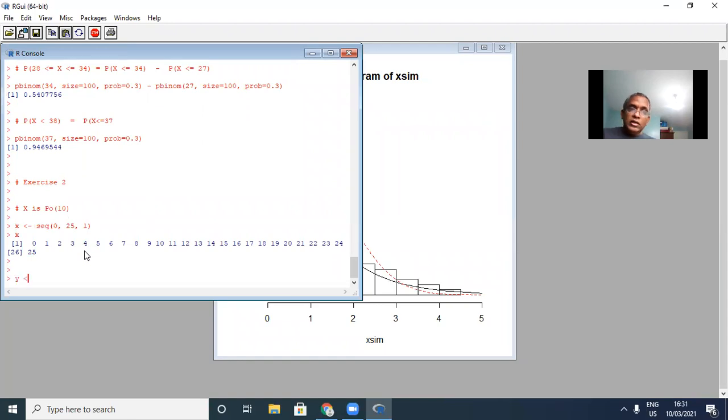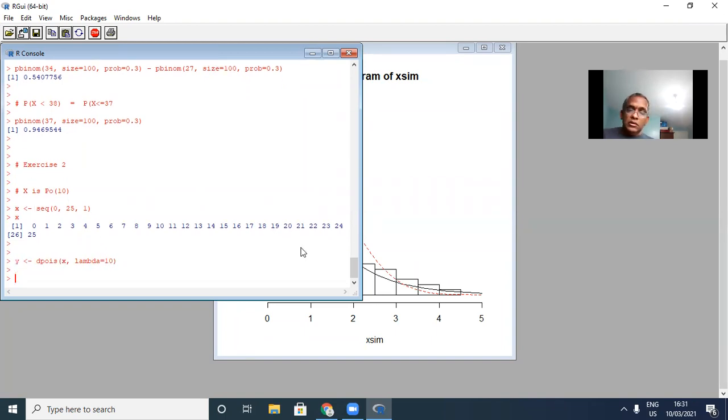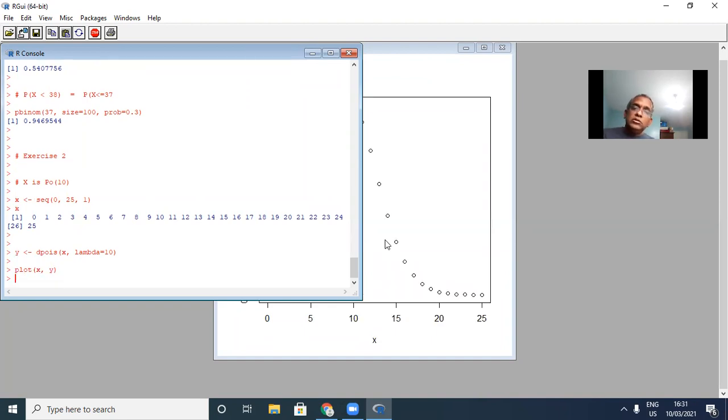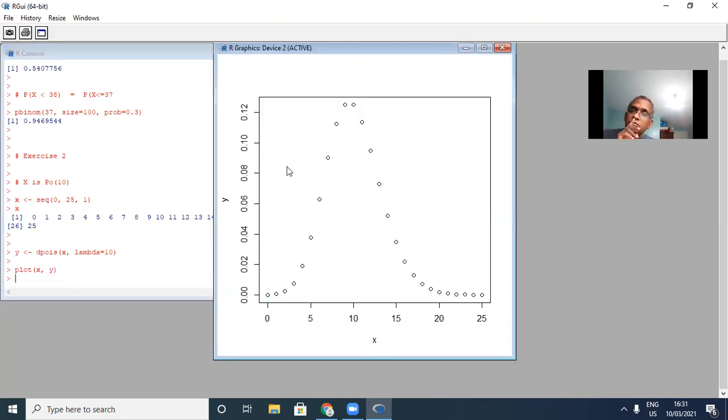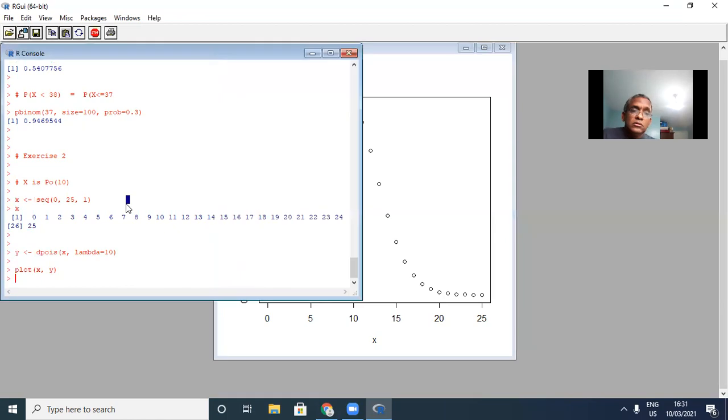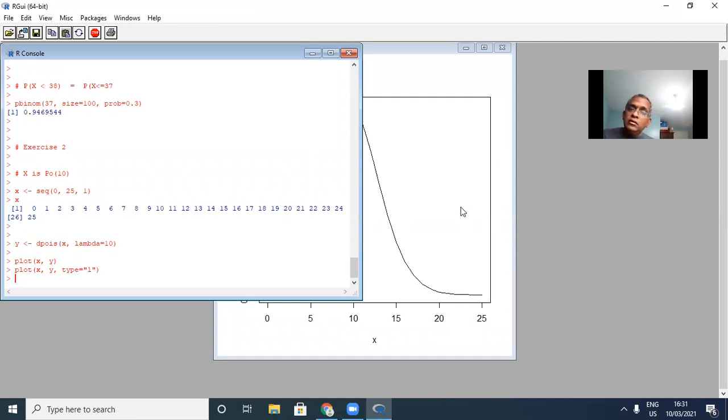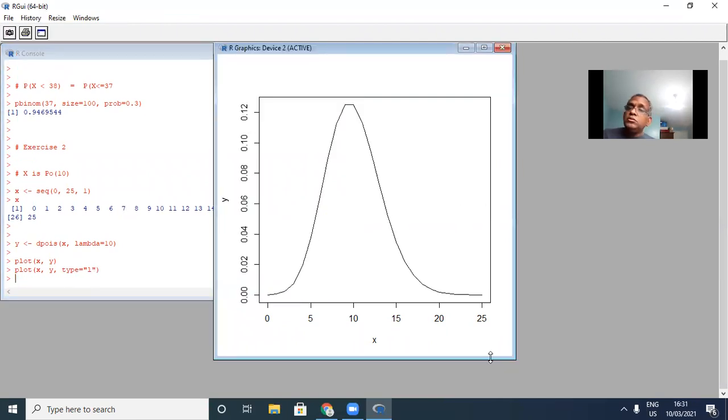Then you define y as the density of the Poisson at x with lambda equal to 10, and then you say plot x comma y, and this is what you get. What I have drawn here is the density of a Poisson with lambda equal to 10. If you like, you can use type equal to l, and you see a smooth version.